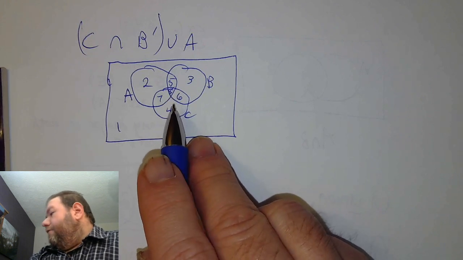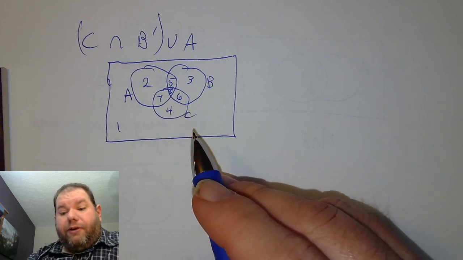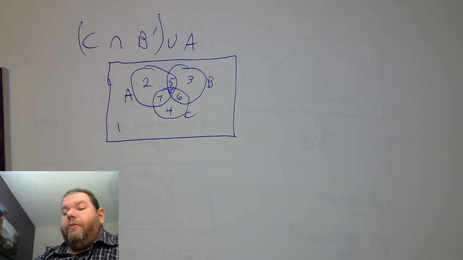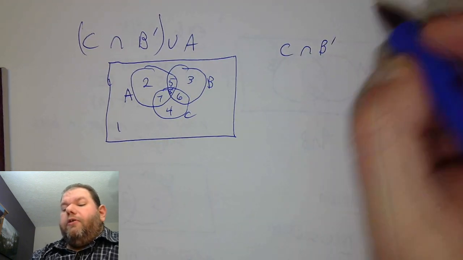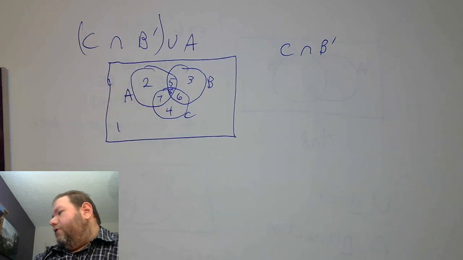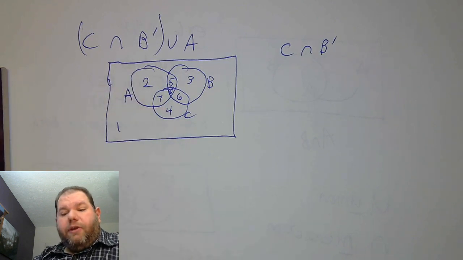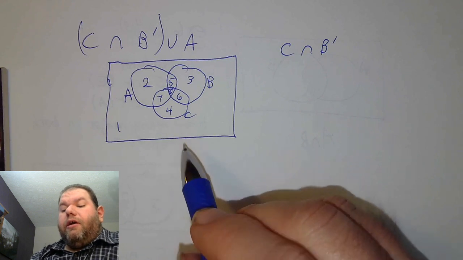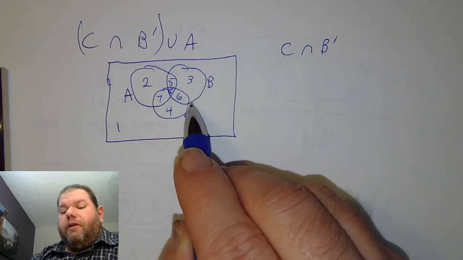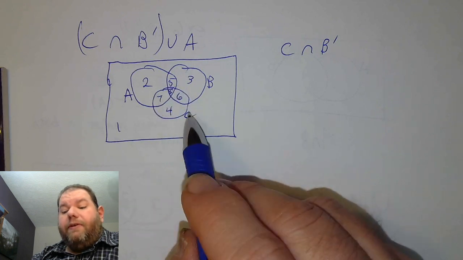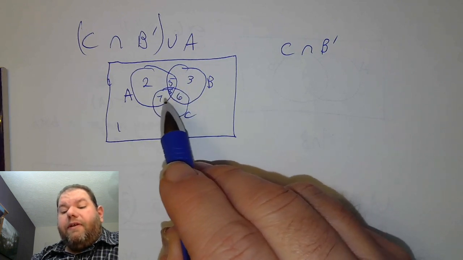Sorry for not drawing a bigger intersection. So we work inside the parentheses first, so we want to do C intersect B complement. Now, the area that C encompasses has 4, 6, 7, and 8.